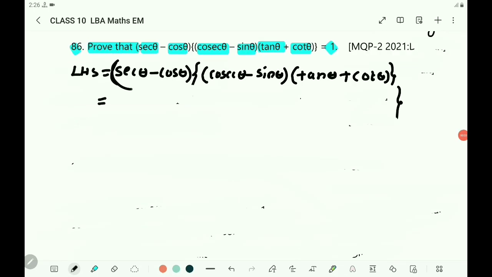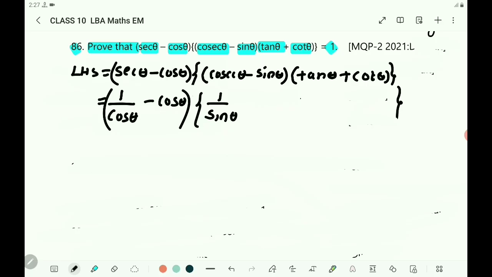Equals, express secant theta as 1 by cos theta minus cos theta, into cosec theta is 1 by sin theta minus sin theta.